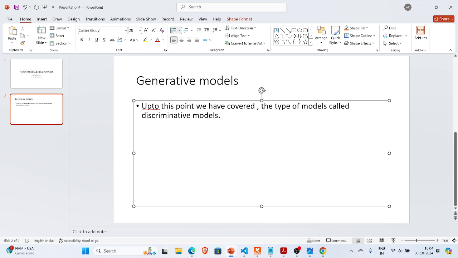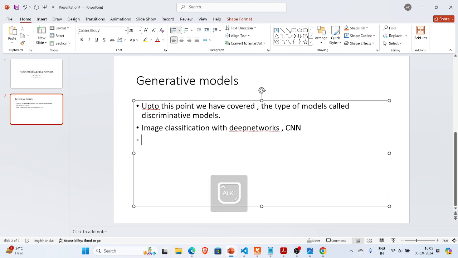Suppose we are doing image classification with deep networks, a CNN like this, or there can be simple classification models like SVM.